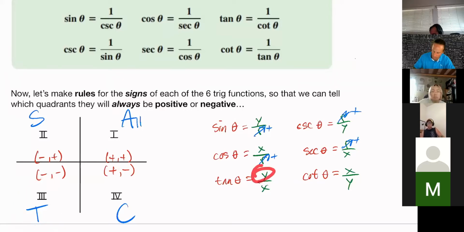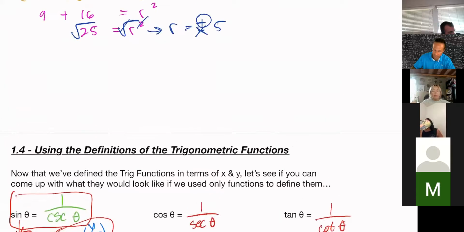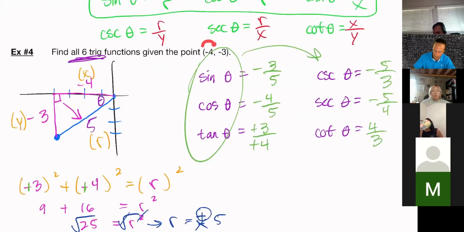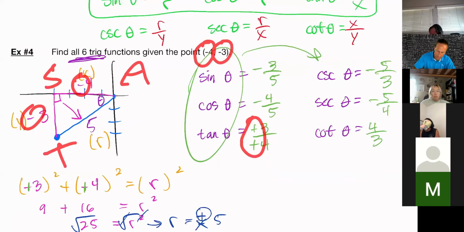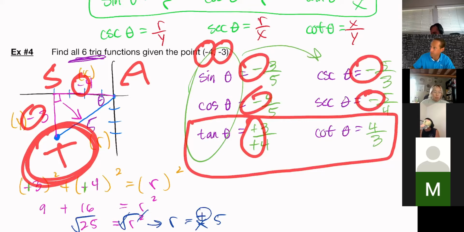Well, remember, if it's going to be positive, that means x and y have to be the same sign. Definitely here, but also here, just like we ran into on this one. Negative, negative. All Students Take. Notice the only things that are positive are these. The rest of them are negative.